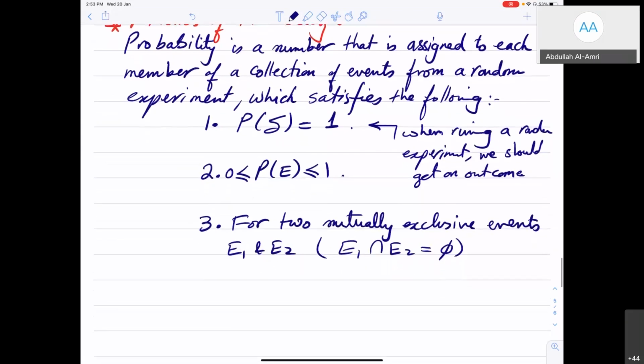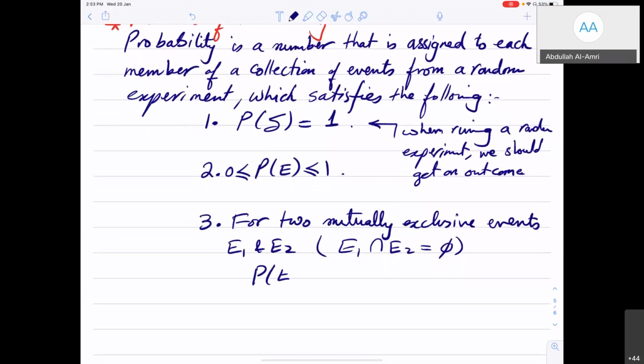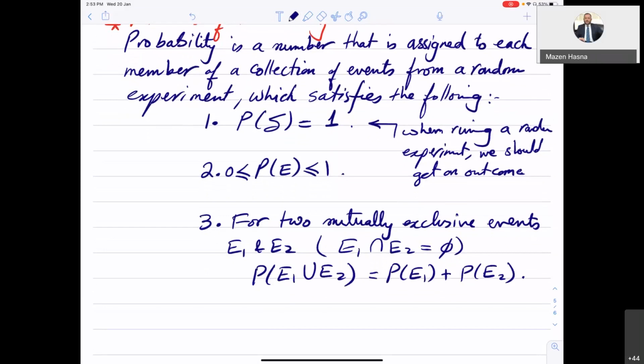So if we have this, then the probability that E1 union E2 is simply probability of E1 plus probability of E2. So these are the three golden rules of probability.